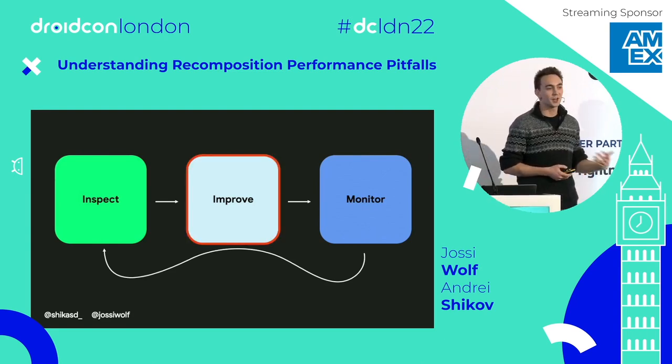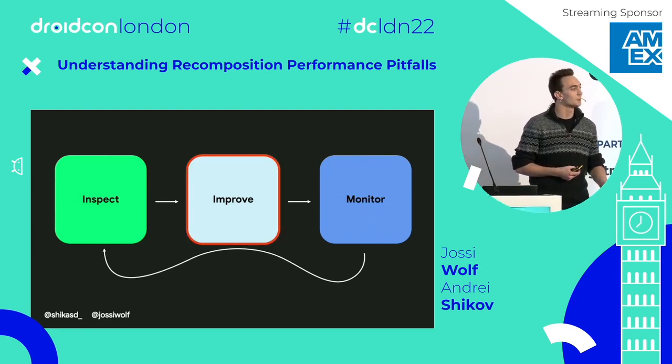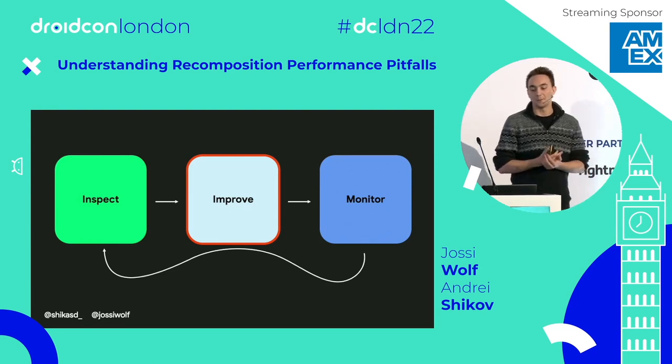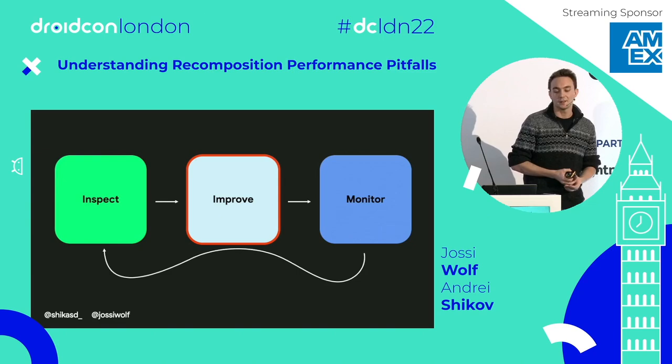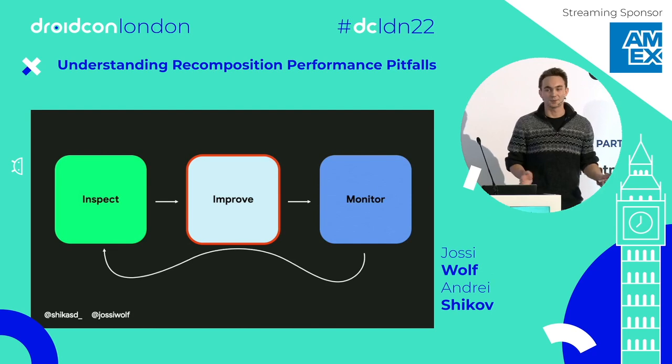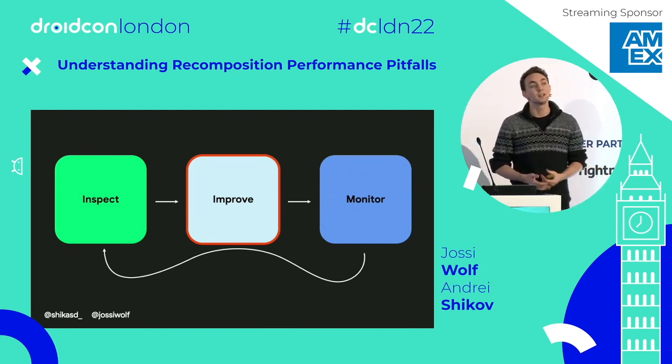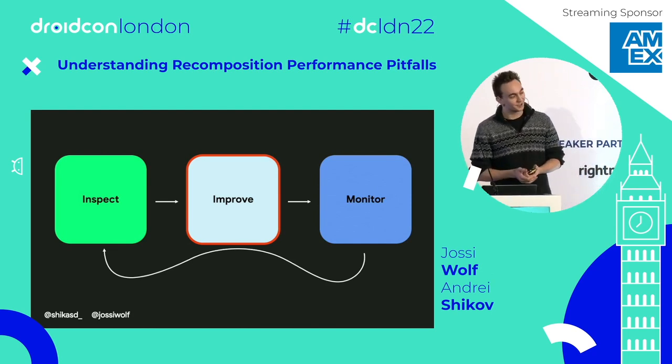And finally, of course, you want to monitor. You want to make sure that things don't go bad again. But for everything that we're talking about today, we will have assumed that, yes, we have inspected our app, and yes, there actually are issues. And we're not just blindly optimizing our code because we can, because that will lead to bad code over time.